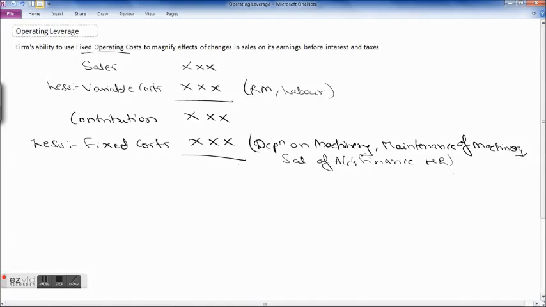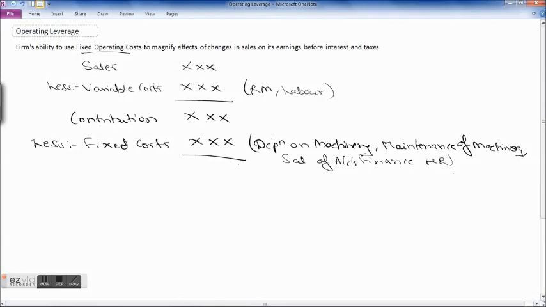Salaries of accounts, finance and HR don't depend on the number of units produced. Even if in some particular year the number of units produced is less, you have to give that fixed salary to your accounts, finance and HR. But at the same time, wages to the labor will be a variable cost.